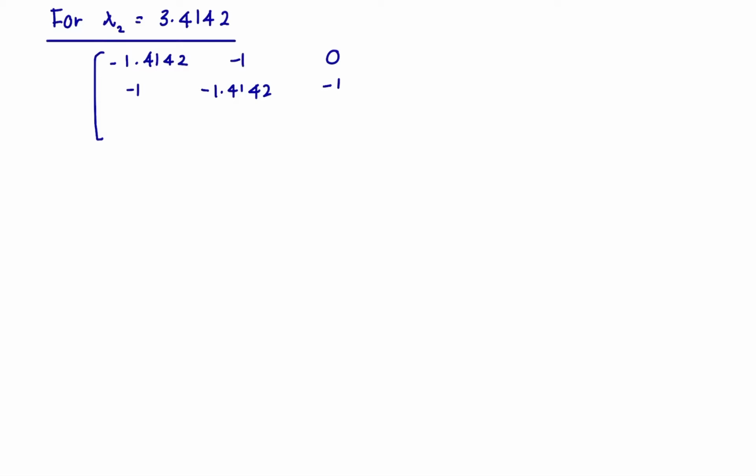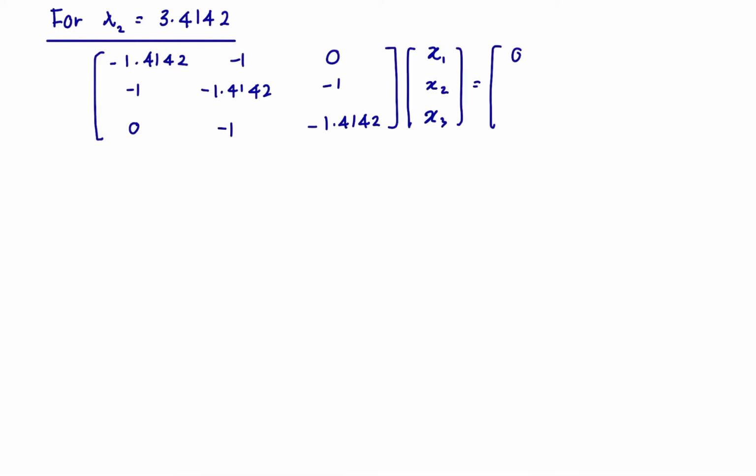These are the values when I have taken away lambda. So minus 1.4142. Multiply by x. That will be equals to 0. Now reduce that to upper triangular system just as we've done before. So reducing to upper triangular system.